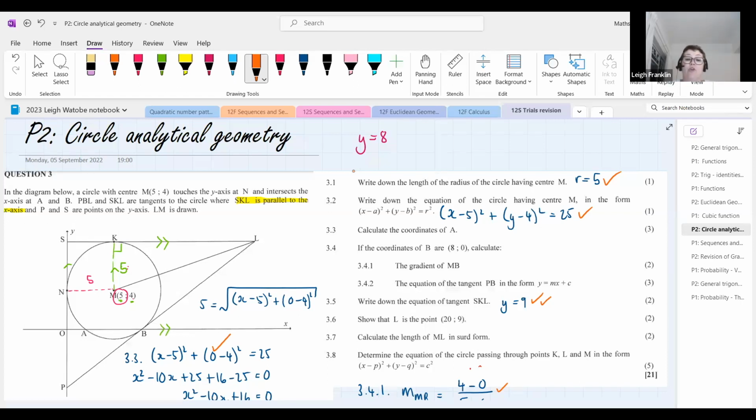It's only out of 2. So we've got SKL is a tangent to the circle, and we know that it is the line y equals 9. How are we going to show that the x coordinate is 20?